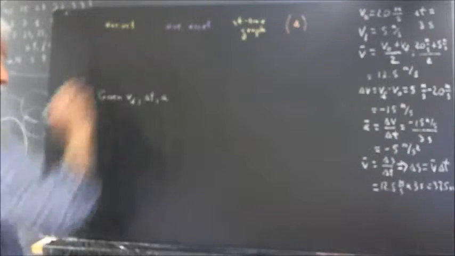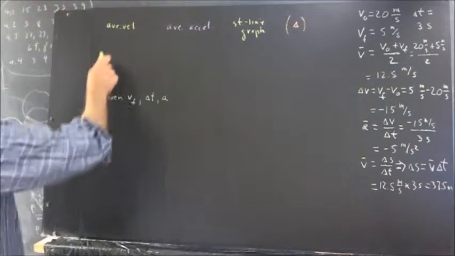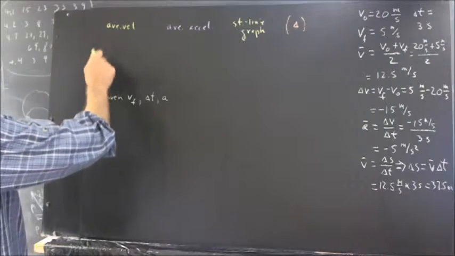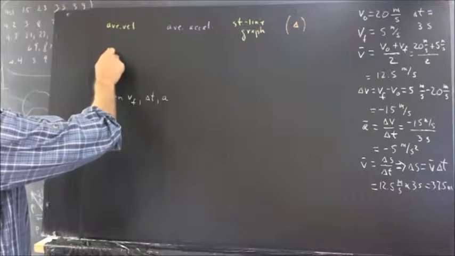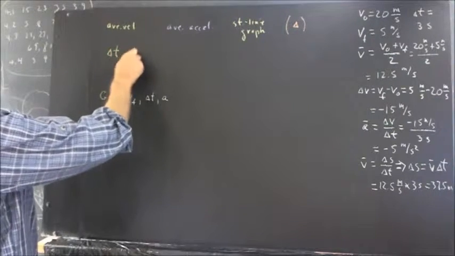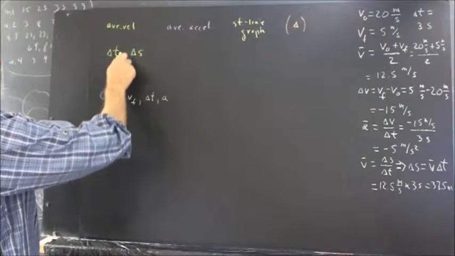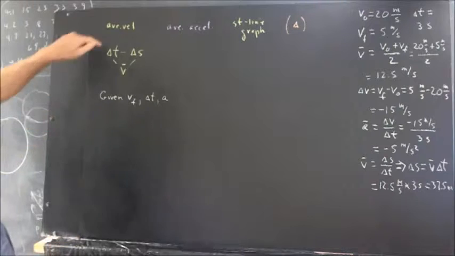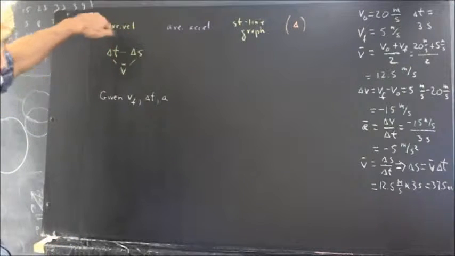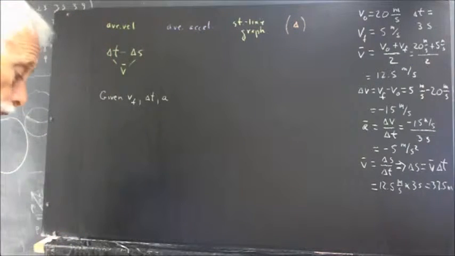And if we reason out again from the definition of average velocity, we see that that definition leads us to a relationship among the three quantities delta S, delta T, and V bar.